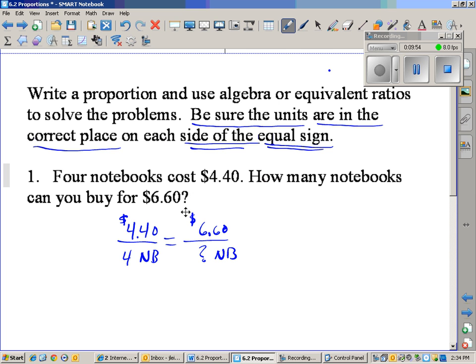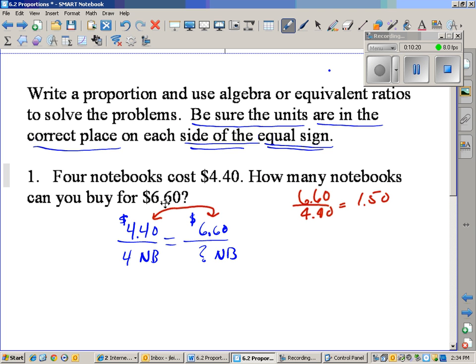So remembering that there's 3 ways to solve this, I'm just going to use equivalent ratios right now, and I'm going to say, okay, how can you get from 440 to 660? Well, I'll take my calculator, actually, and I'll divide 660 by 440, and I get 1.5.